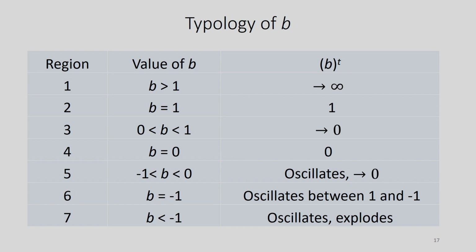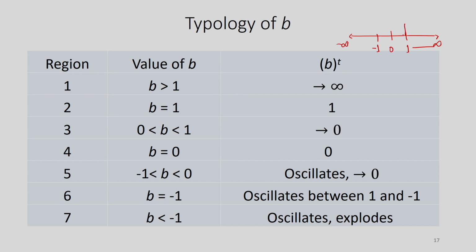So, b can be greater than 1. So, think about a straight line, the real number line. Here you have plus 1, here you have minus 1, plus infinity, minus infinity. So, the value of b can be here, right, more than 1.